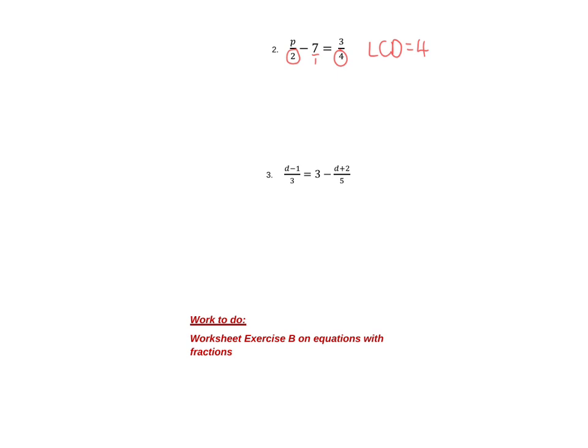And now my next step, multiply each and every term by that LCD so as to get rid of the denominators. If I do that, then 4 divided by 2 leaves you with 2 over here. I'm just simplifying there. 4 divided by 1 stays 4, so I'm not going to simplify that. And then 4 divided by 4 on the right hand side is 1 remaining in the numerator.